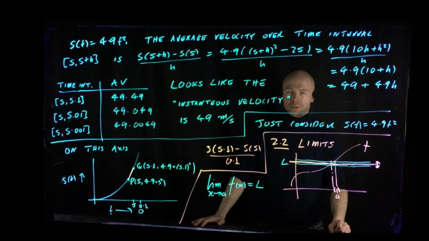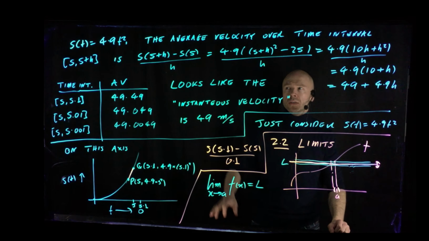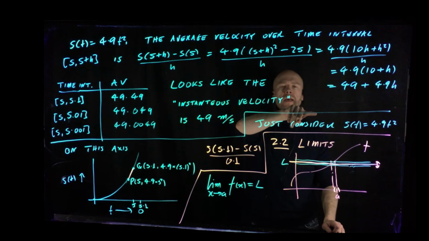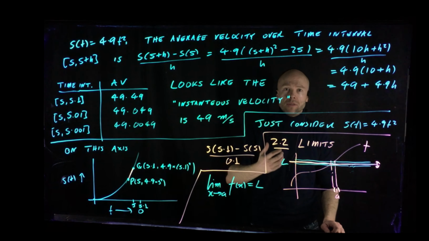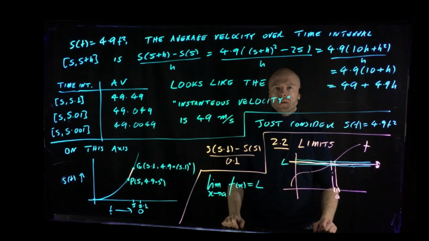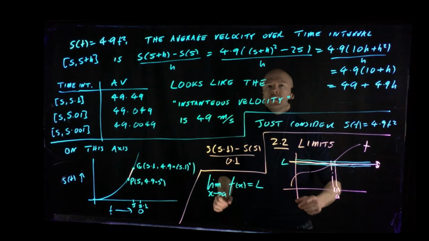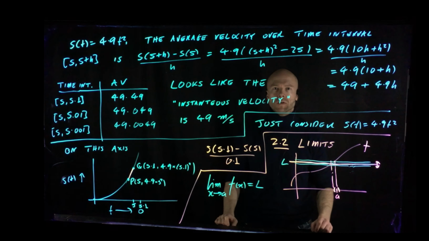But to say that the limit is 49 would mean that the difference between this and 49 is as small as any error that we want, so long as we're allowed to restrict h to be sufficiently small, close to 0, not equal to 0. And that we can see is true.